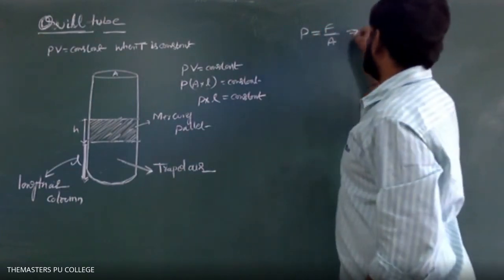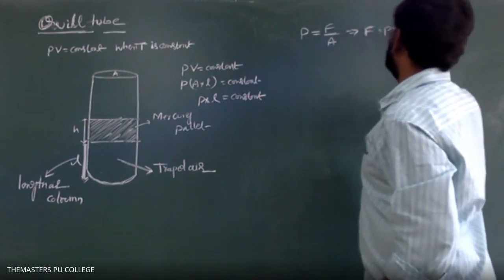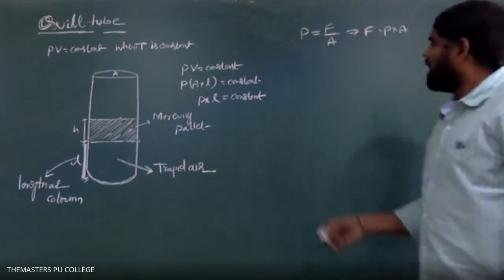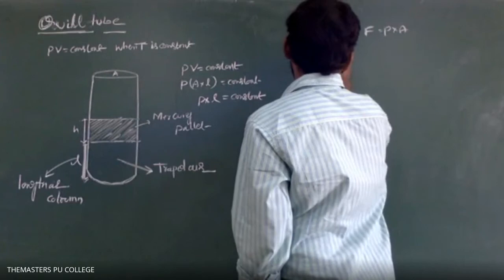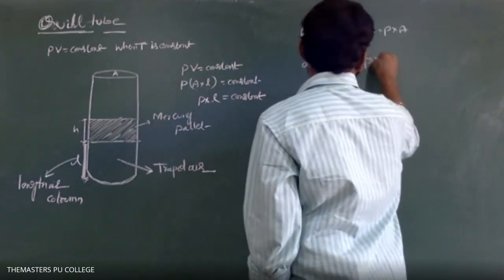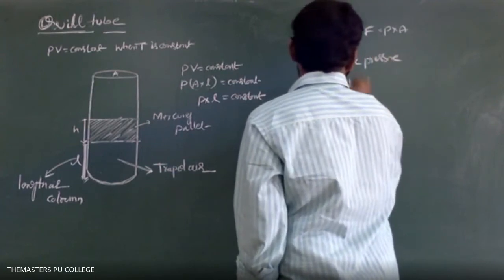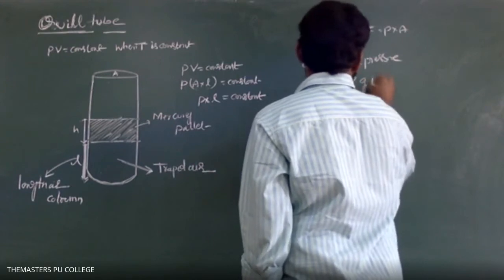From this, force F equals pressure into area. And the atmospheric pressure we can write as P naught equals rho g h.